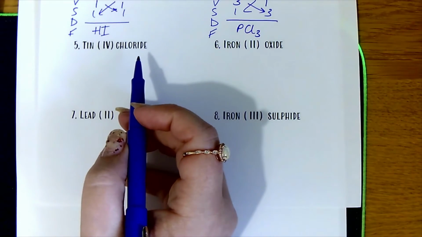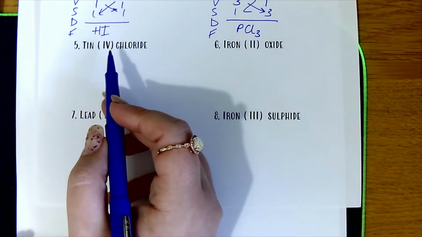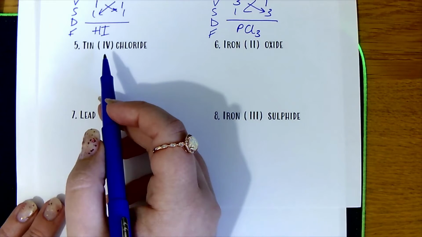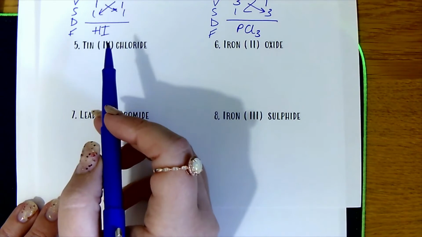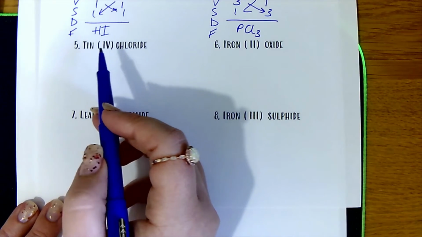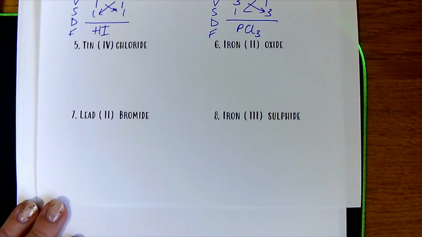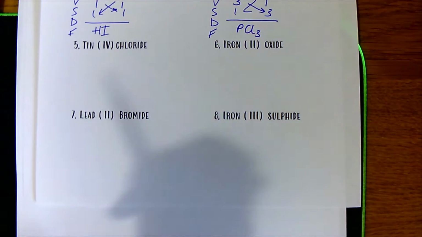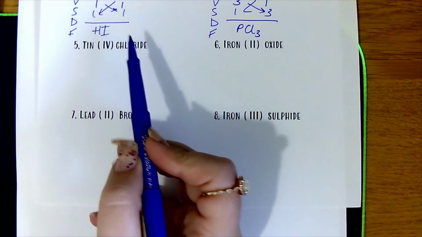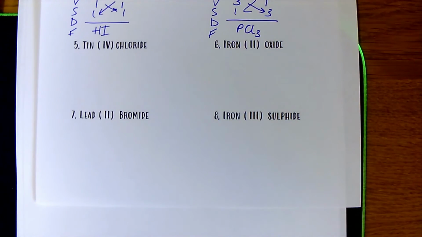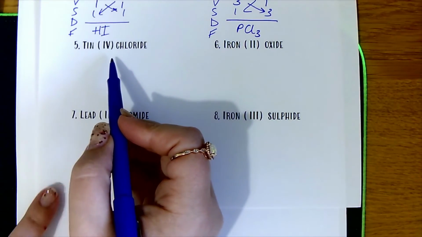Now here we are going to start looking at our transition metal elements. And because they can have so many different valencies, we are usually given a Roman numeral that states the valency for us. If a Roman numeral isn't present, so if this just said tin chloride, we would assume that the valency is 2. Let's work our way through this one.